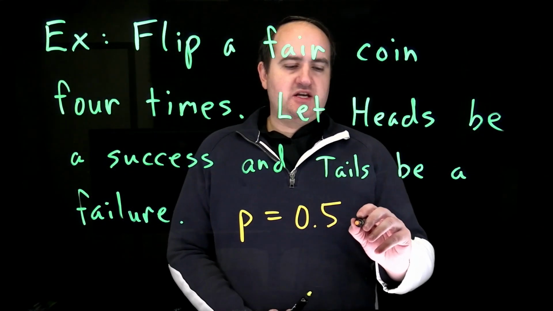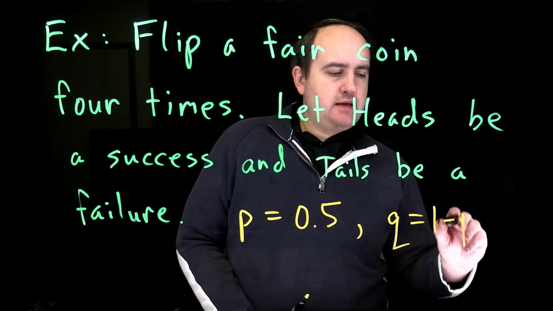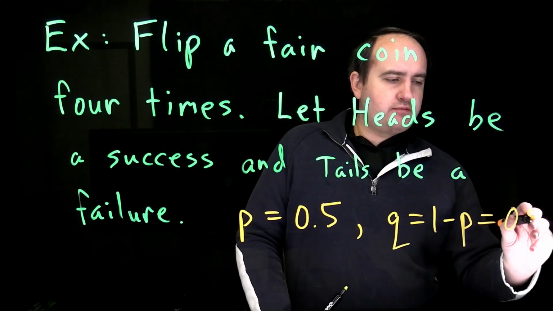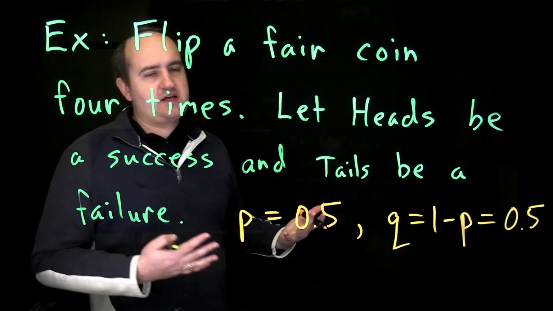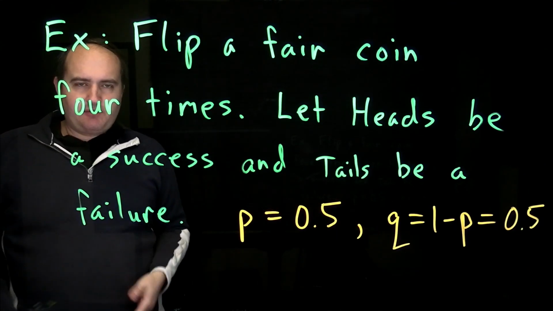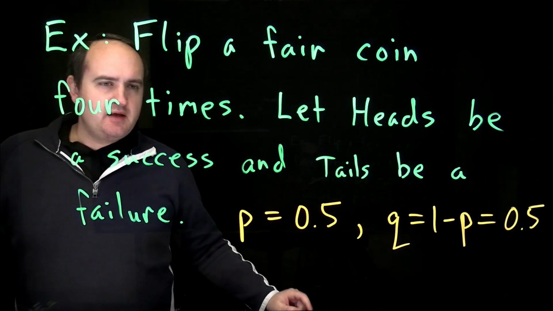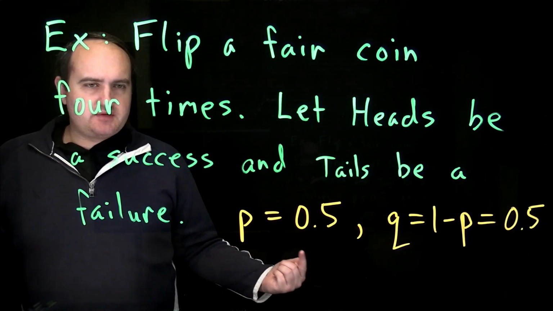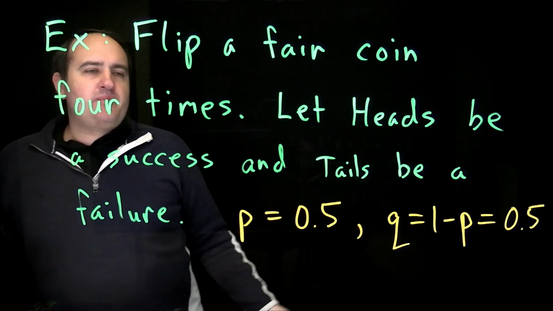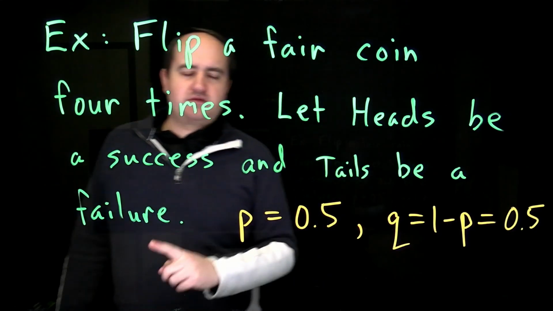And then the chance of failure, Q, that's 1 minus P. Well, 1 minus 0.5 is also going to be 0.5. But that should make sense because just from the real world, everybody knows that you have a 50-50 chance. When they say a 50-50 chance, they mean a 50% chance of a success, which here we're calling heads a success, and then a 50% chance of a failure, so tails is a failure.